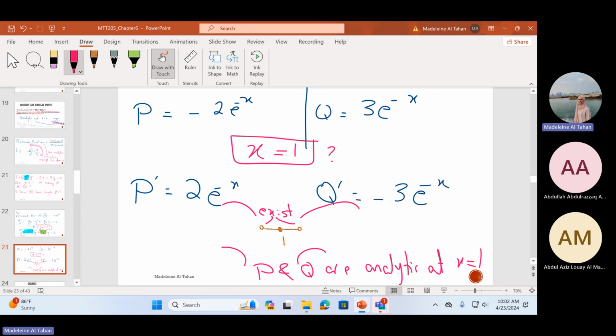How much is around the function? I think that's just a neighborhood, either including 0.1 or 0.01. What we mean by neighborhood in mathematics is, with x equal to 1, I want to choose a neighborhood with a certain distance, from here to here and from here to here. When we say analytic in this neighborhood, it means it is analytic at every point.